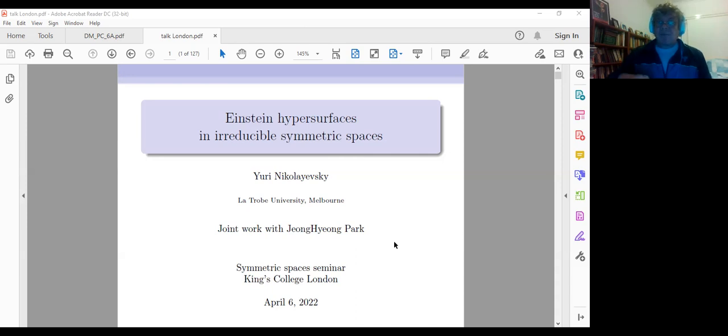And by this I mean the following question: how to understand and how to classify Einstein submanifolds. So you have some nice space, and the question is, what are Einstein submanifolds of your space?